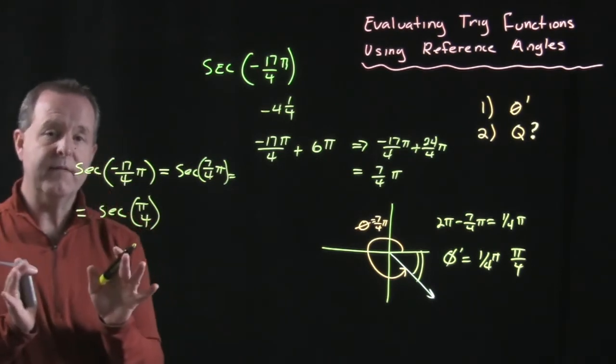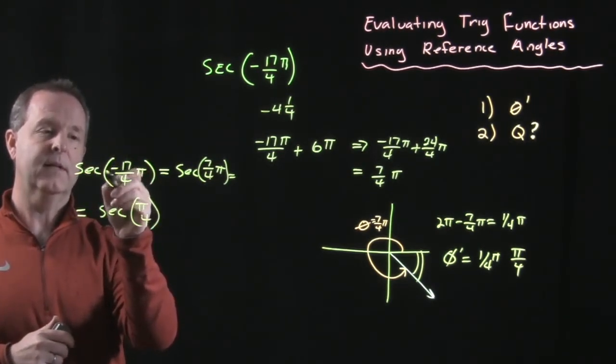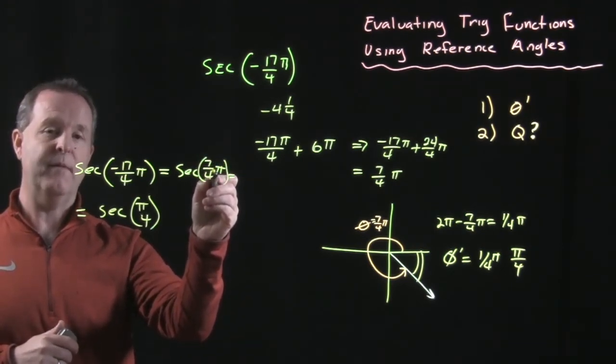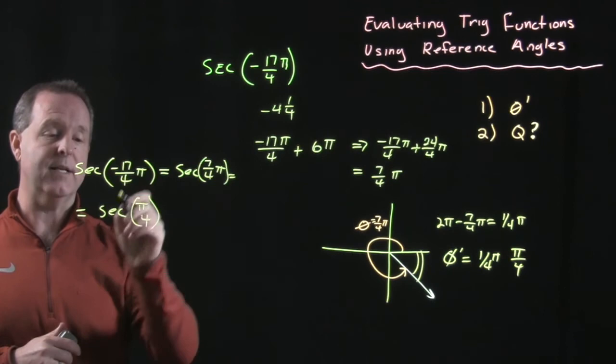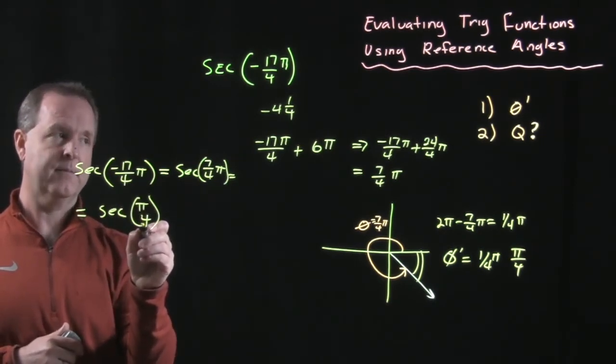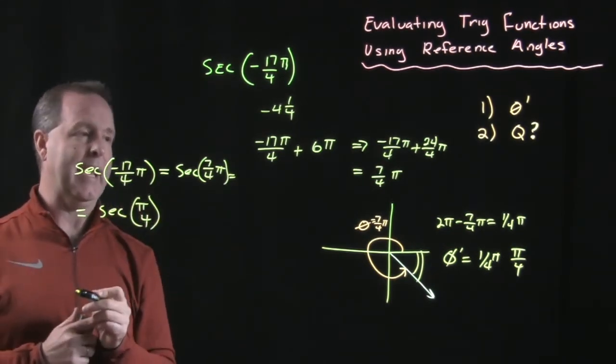So notice what we've done: started with our initial angle, converted it to our coterminal angle, and from there used our coterminal angle to determine its reference angle. And now step 2 will help us determine if we have the correct sign.